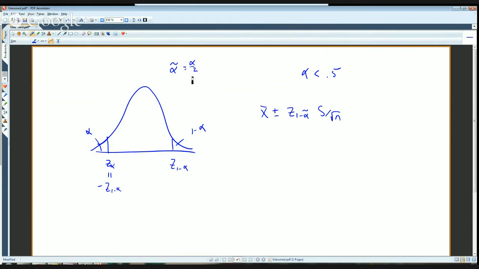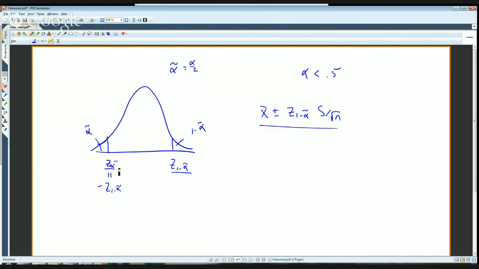Okay? And notice in a confidence interval, I'm going to switch everything to an alpha tilde, remembering that when we do a confidence interval, we divide alpha by 2. Okay, so if I were to plug this guy in, I would get this interval.